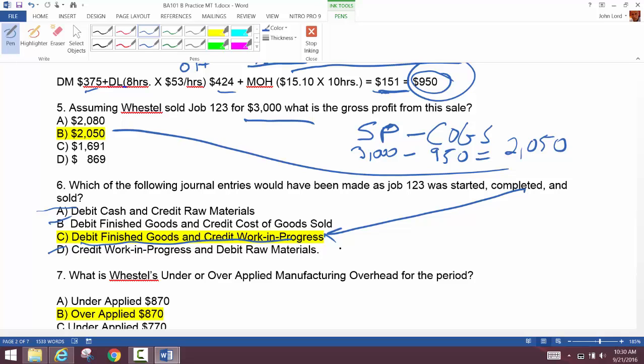So I'm going to debit work in progress for 80,000 and credit what?